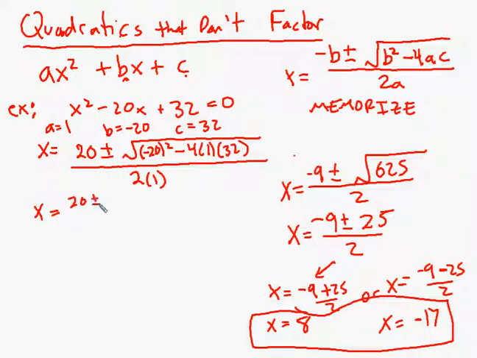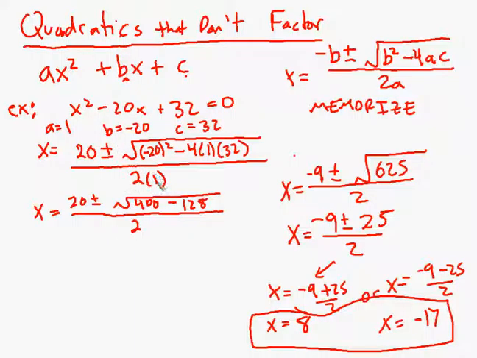Now I follow the order of operations. What is -20 squared? 400. And then I can go ahead and do this. What's -4 times 1 times 32? -128, all over 2a. So 2, because 2 times a.